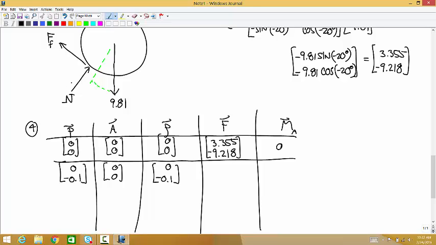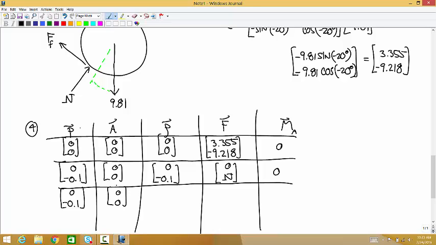I'll start with that normal force. So what are the components of the normal force? Yeah, 0, positive N. And the cross product there is 0. And then the friction force is at the same location, so the row vector is the same.